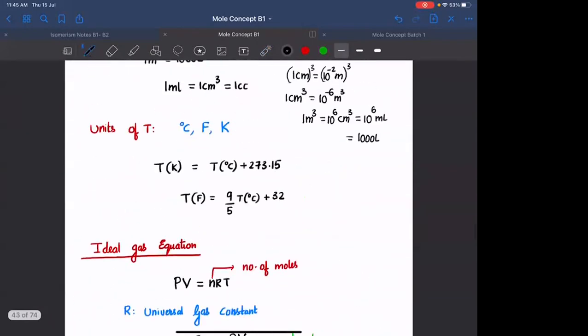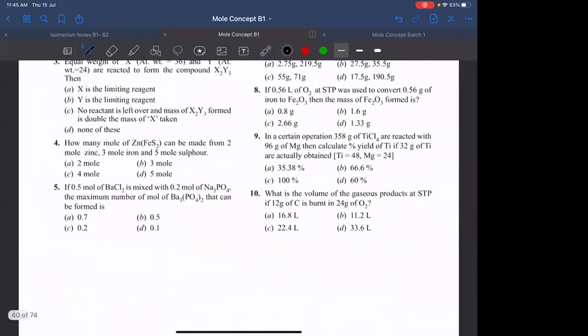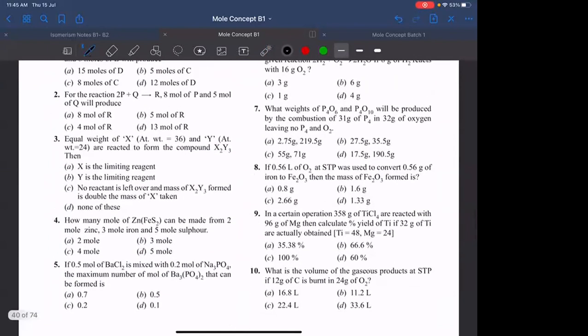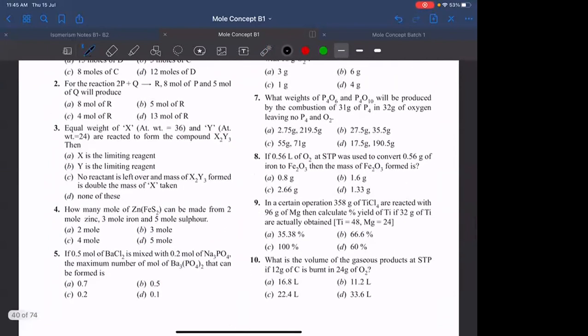Let's take a question which is involving gases. Let's do this one.